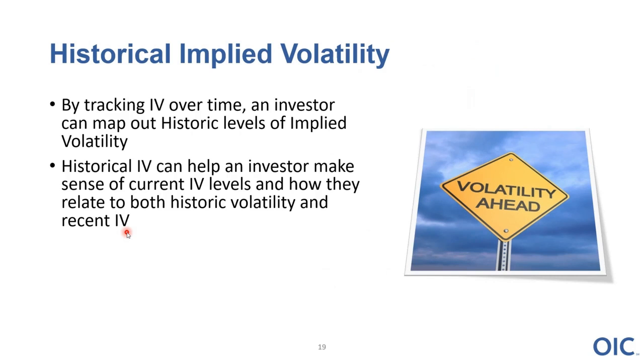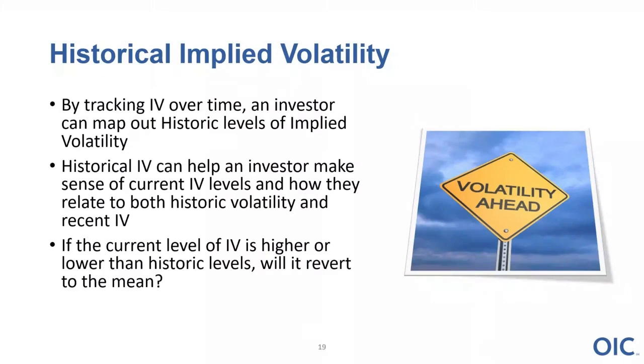Professionals who are trading the markets and doing a volatility analysis are often doing just this. They are not necessarily comparing historic volatility, those stock price movements, to implied vol levels. Instead, they are comparing implied to itself, determining if the current level is higher or lower than previous levels, and then from there, asking a key question.